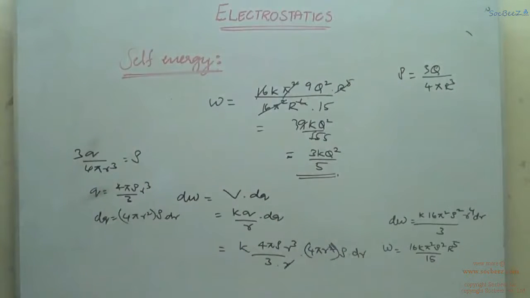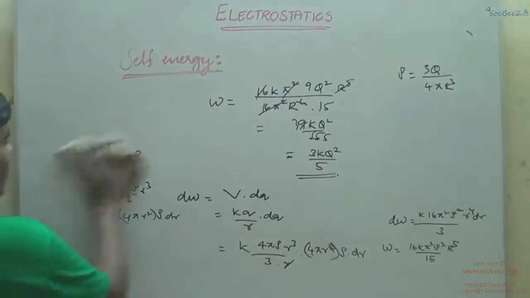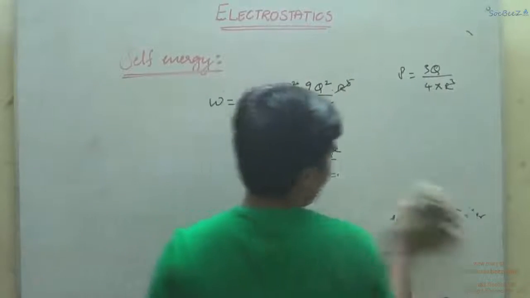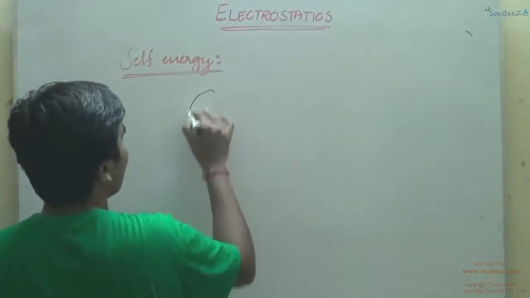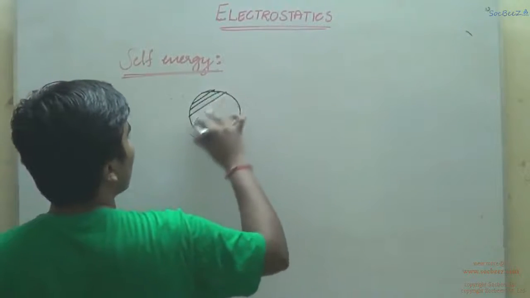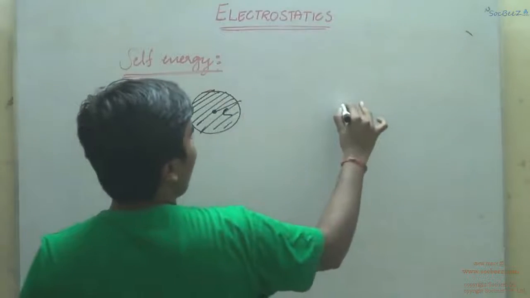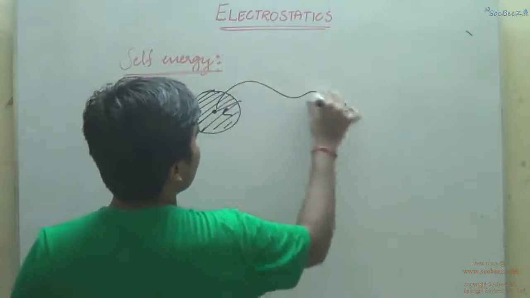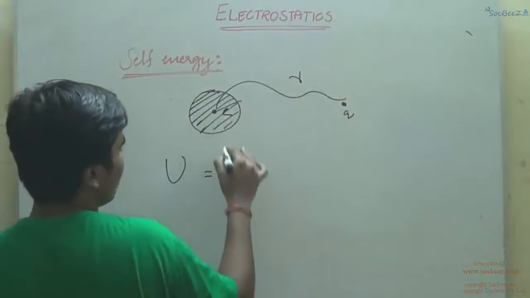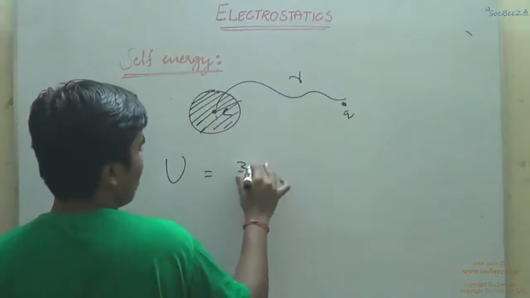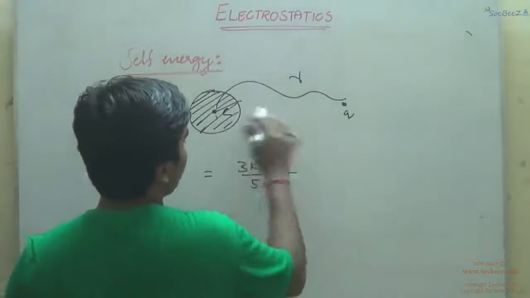For every similar object, we find the self energy in a similar manner. Now, having found this self energy, see, if we have a system of this kind, that is a solid sphere of radius r and a small charge q placed at a distance small r, then we say that the potential energy of the system is its self energy, which is 3kQ square by 5, plus the interaction energy.